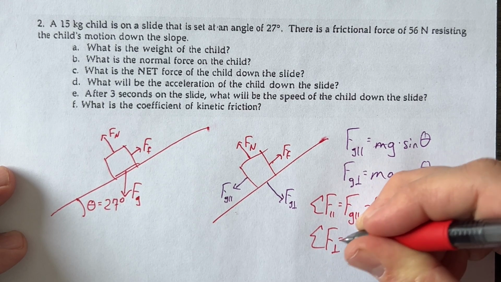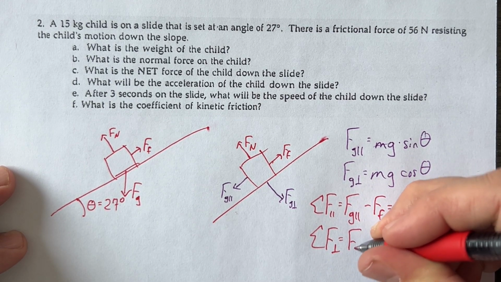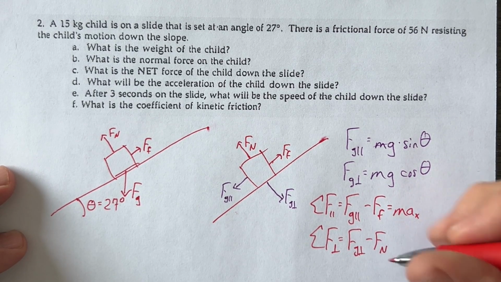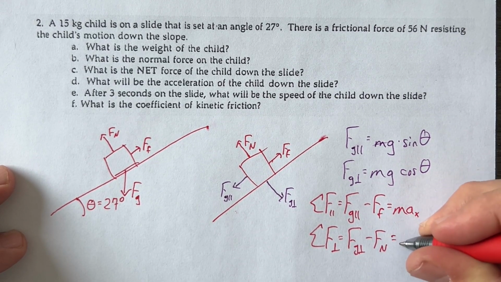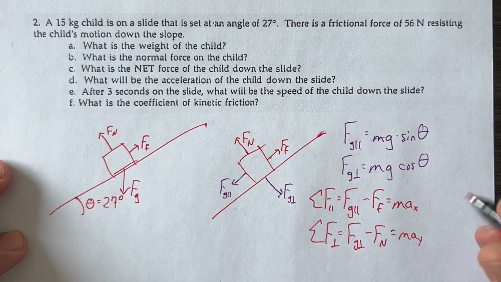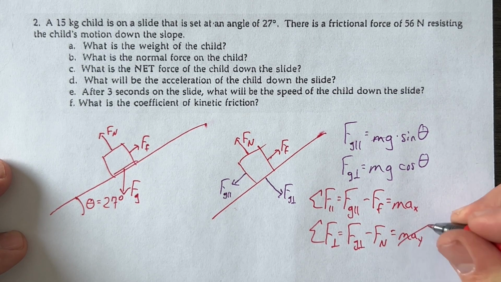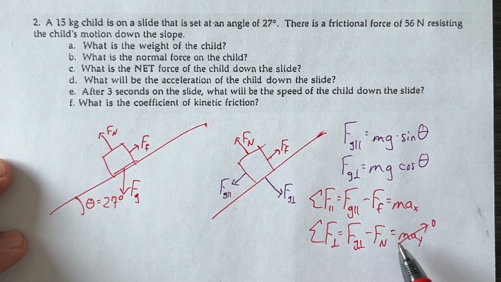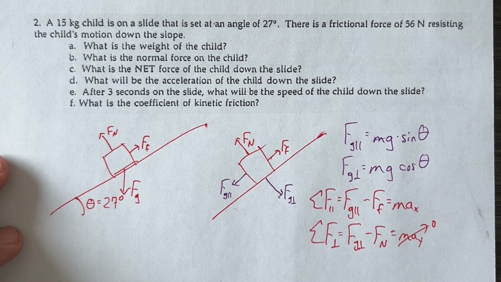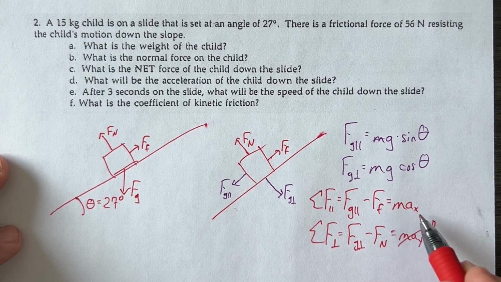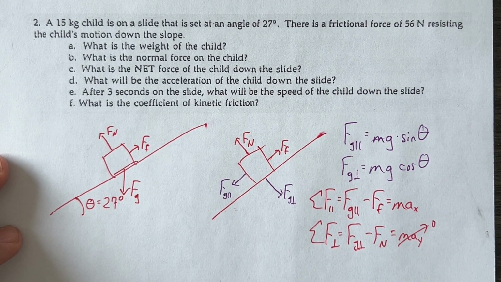Perpendicular to the ramp, we have FG perpendicular minus normal force, or normal force minus FG perpendicular, either one, equals MAY. And this is the big thing here, because our object is not going into the ramp or out of the ramp. We get a setup where the y acceleration is 0, and we have one equation that is related to the only acceleration we're going to have.